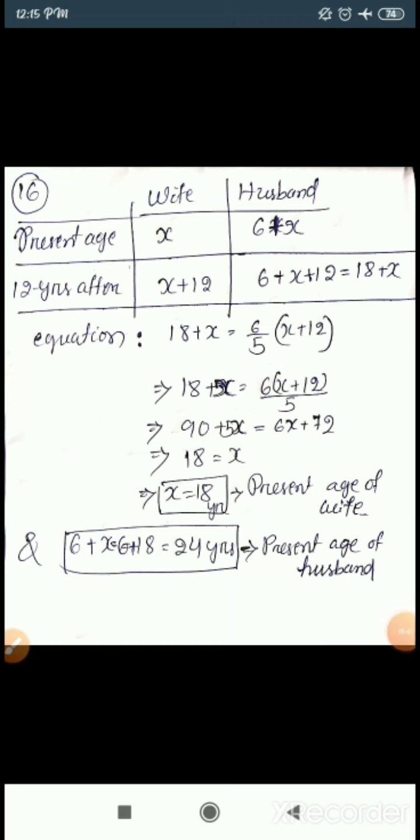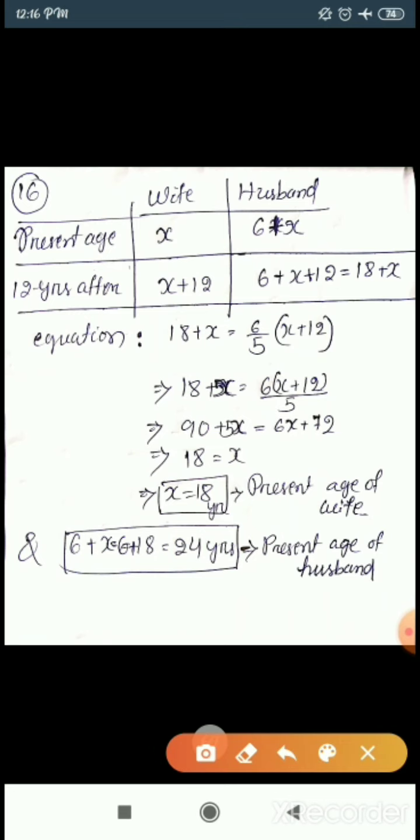So let us take the wife's age as X, so that according to the question, at the time of marriage a man was 6 years older than his wife. So what will be the husband's age? Husband's age will be 6 above X, means 6 plus X. Then 12 years after his marriage.